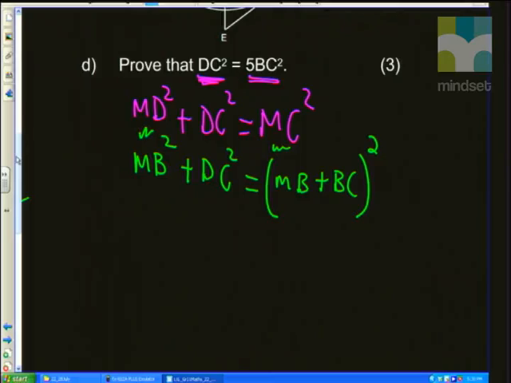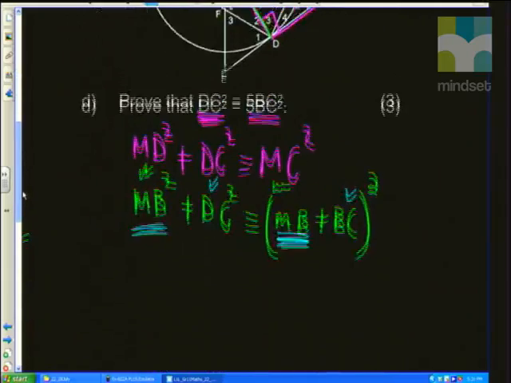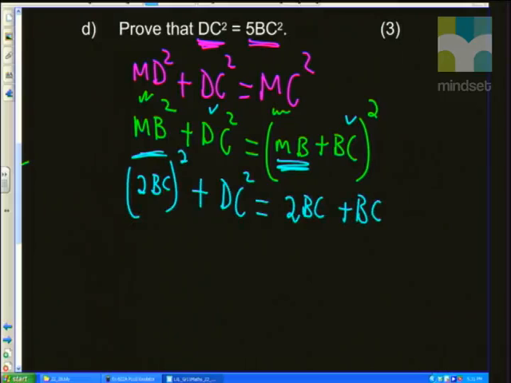I need the DC and the BC, okay? I've got the BC, I've got DC. Now, this I don't want, but it is given there that MB is 2BC. So I see MB, I can sub in 2BC. So this is 2BC, all squared, plus DC squared equals 2BC plus BC all squared, okay?